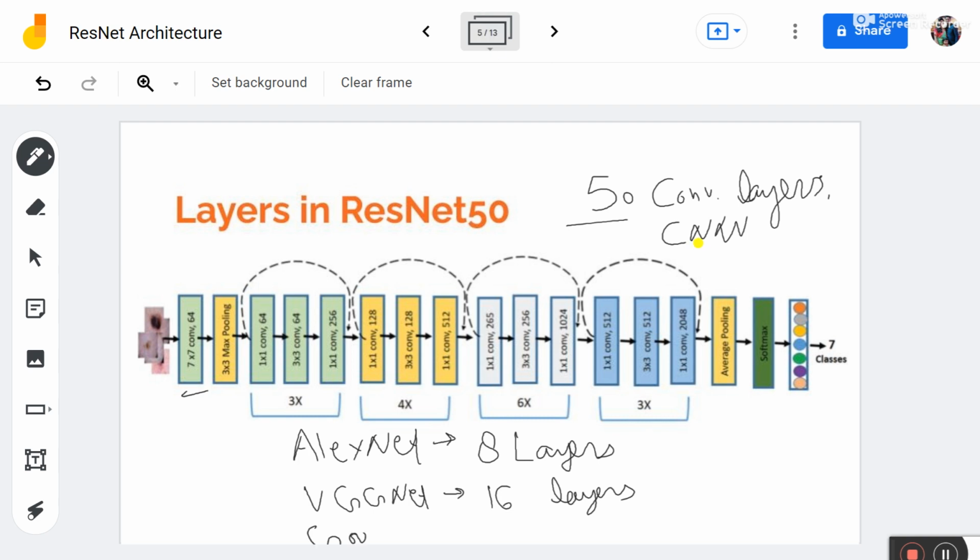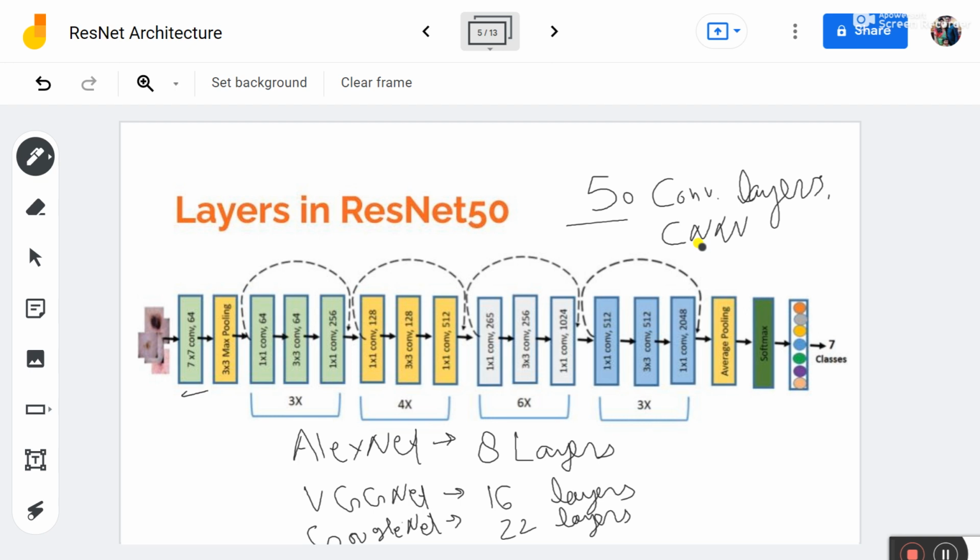When we talk about GoogLeNet, which was introduced by Google itself, it had 22 layers.